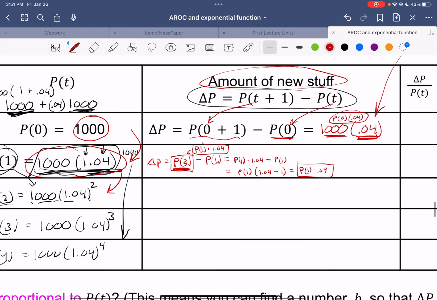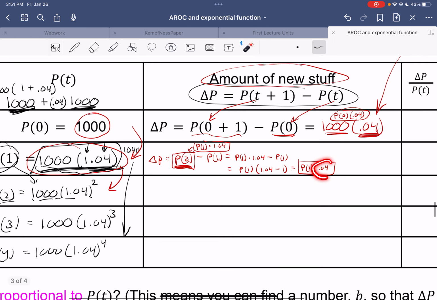Which again makes sense, because going from minute 1 to minute 2, we gain 4% of the population we had at time 1. Going from minute 0 to minute 1, we gain 4% of the population we have at time 0.